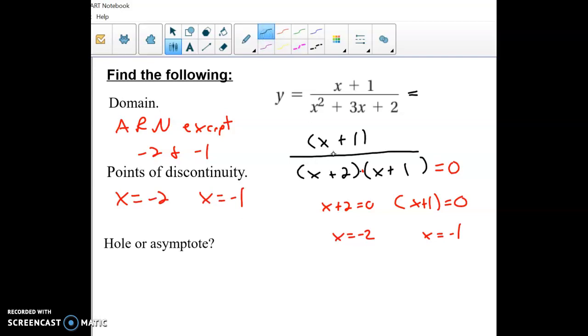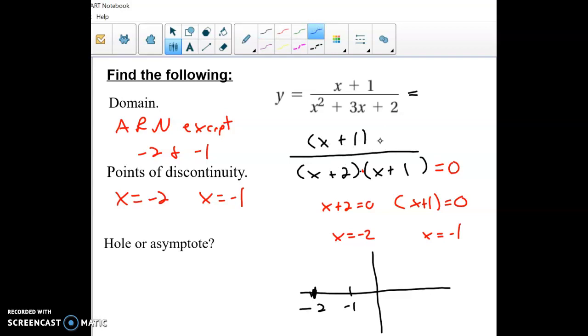Our big picture goal is to graph. We know for this particular graph, there's going to be breaks at -1 and -2. The next piece is, are they going to be holes or asymptotes at those points? Here's -2, and we look, does it have a match up top in the factors?